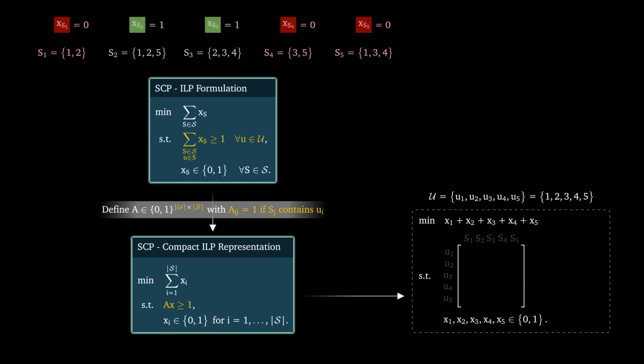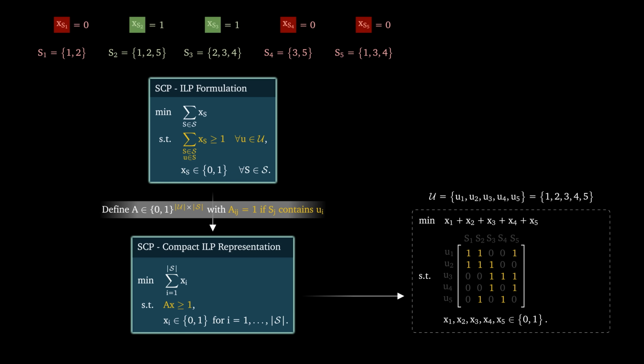Since S1 contains only the elements 1 and 2, that is u1 and u2, we insert a 1 into the first 2 rows and the rest remain 0 in this column. In the next column we insert a 1 into those rows whose elements are contained in S2, that is row 1, 2 and 5. And similarly we proceed with the other columns.